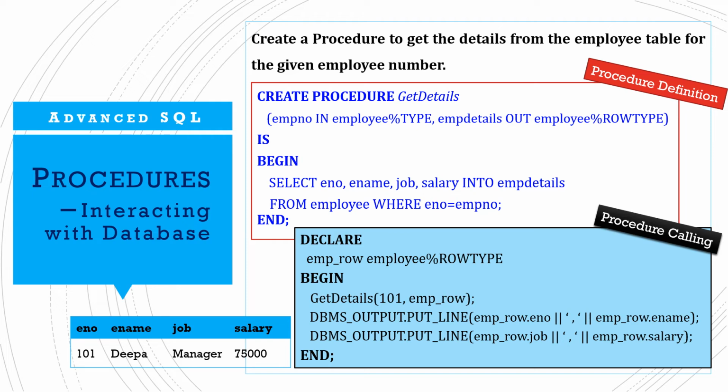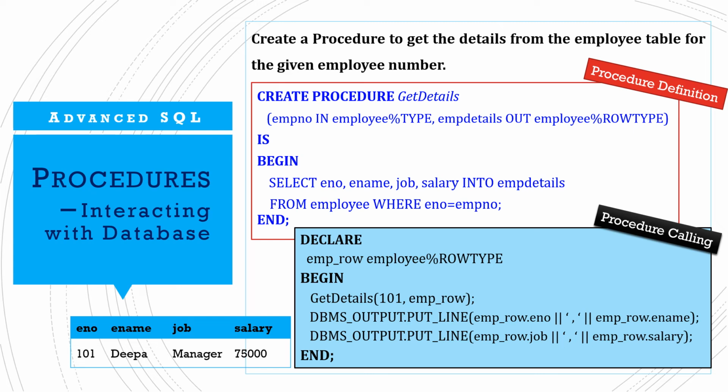So for that, we are giving the parameter as emp underscore row. Into this emp underscore row, all the details like e number, e name, job, salary will get stored once this get details procedure gets executed.